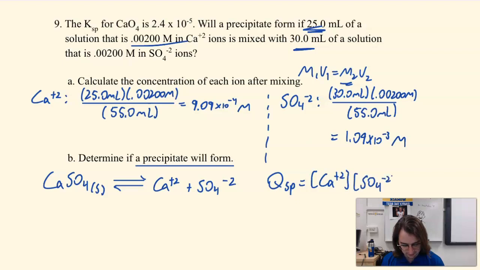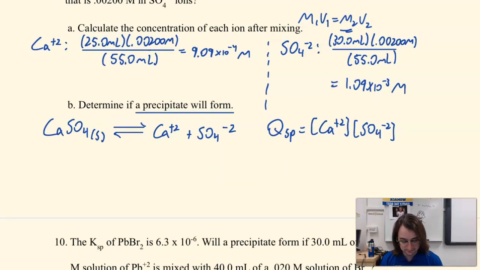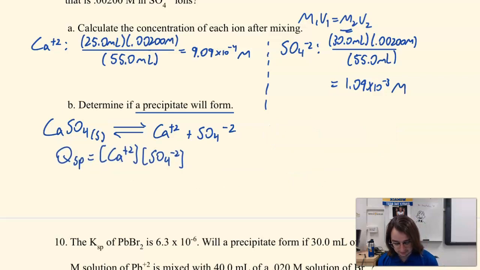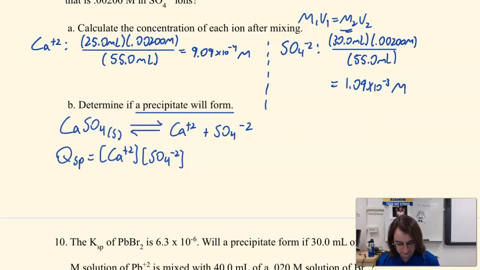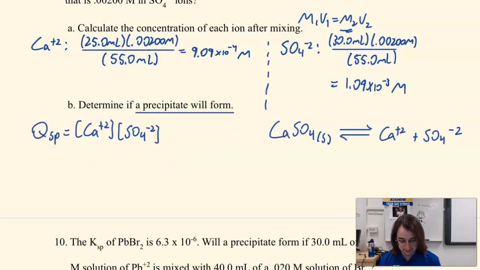We want to make sure that we don't have any sort of different ratios, like a 1-to-1 ratio or anything. Now we just take the concentrations that were given at the beginning. I'm going to swap these here. You're welcome to flip-flop them or keep them how you did them. Gonna move this one like this. That's a little better. Okay, so now we're just gonna plug in the values that we found before.